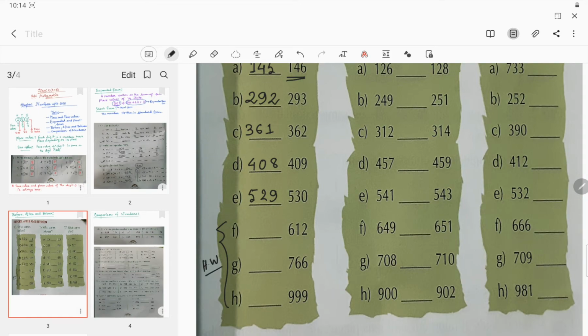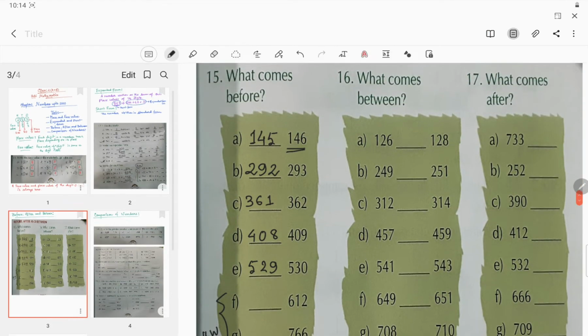Okay, now what comes between? You should fill up the number which comes between the numbers. So you know, 126, then 127, then 128. So 127 is the number which comes between.